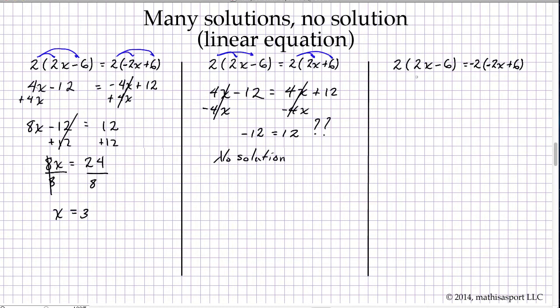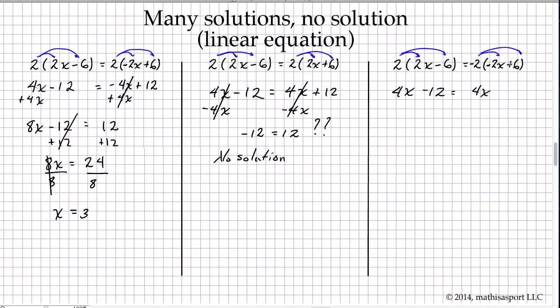Finally, let's look at this case. Again, very similar in appearance. We'll begin by distributing. And what do we get? I've got 4x minus 12 equals, be careful here, 2 negatives. So that's positive 4x.